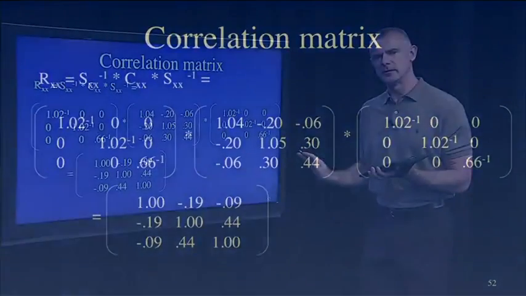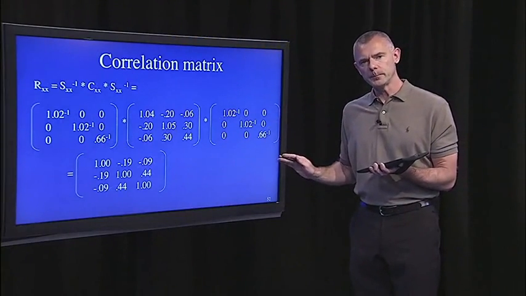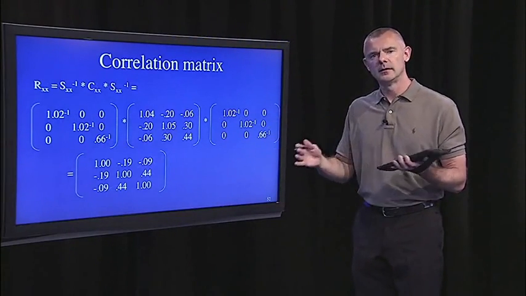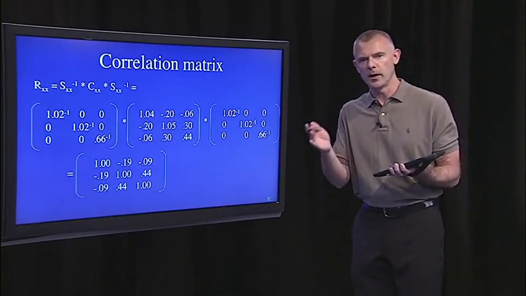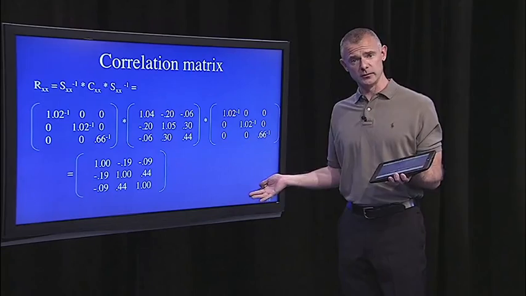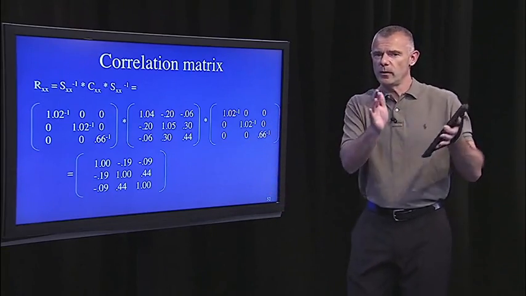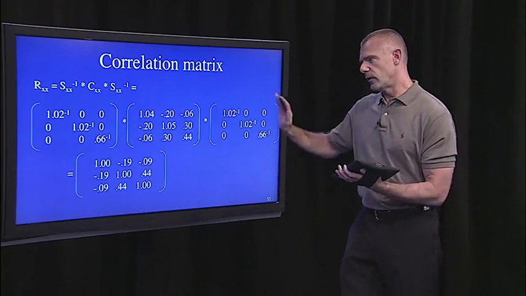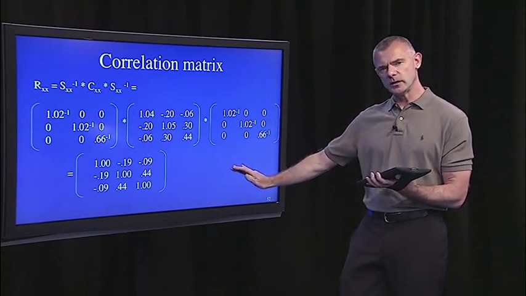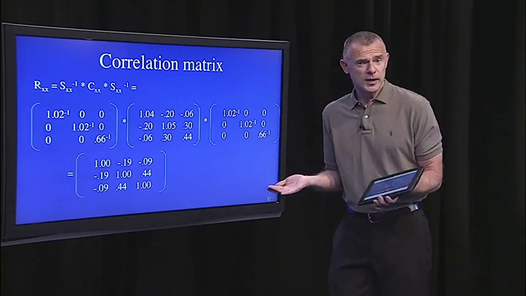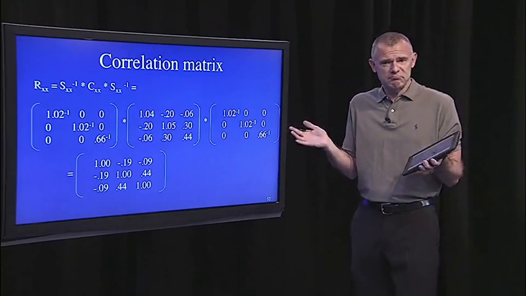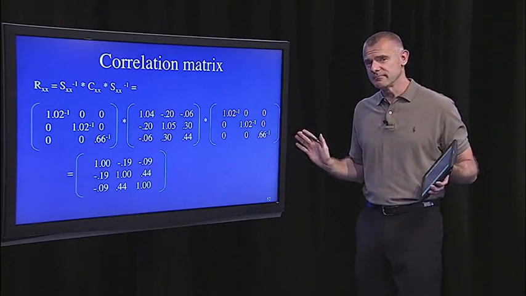We're just standardizing the variances to be 1 and the covariances to fall between -1 and +1, essentially to be correlations. So there we went from the raw data to the variance covariance matrix and the correlation matrix, all using this new skill, matrix algebra. And that didn't take too long, 15 minutes. Pretty easy.